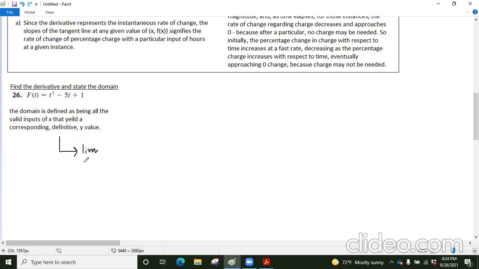F prime of t, which is just the derivative, is equal to the limit as h approaches 0 of f of t plus h minus f of t over h.